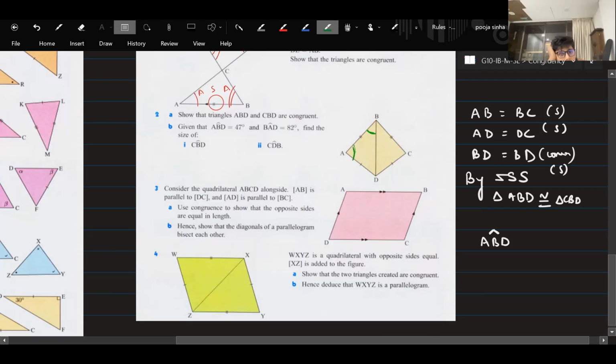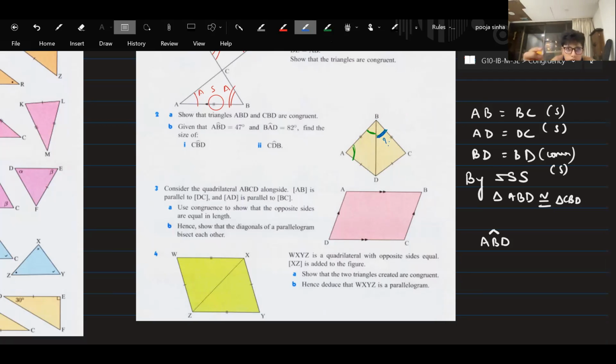Find the size of angle C. So it's 47 plus 82 minus 1, 180 minus 47. Wait, give me a second, let me figure this out. Here what we do is first find what ADB is.